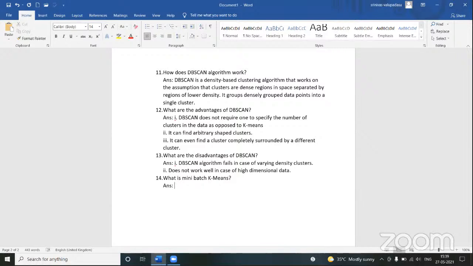The advantage is in computational cost: instead of the total data set, it can take a sample. So this is the advantage over K-means clustering.